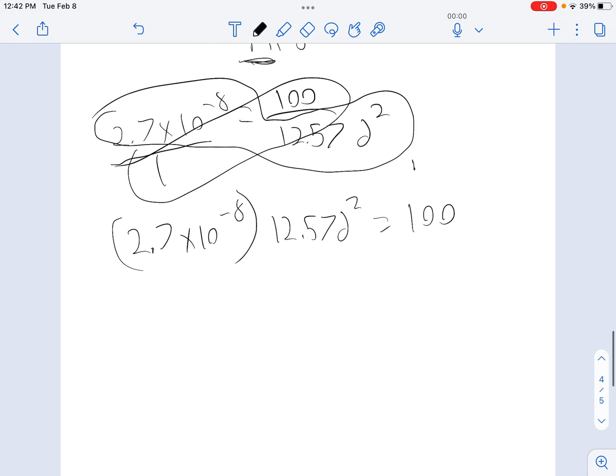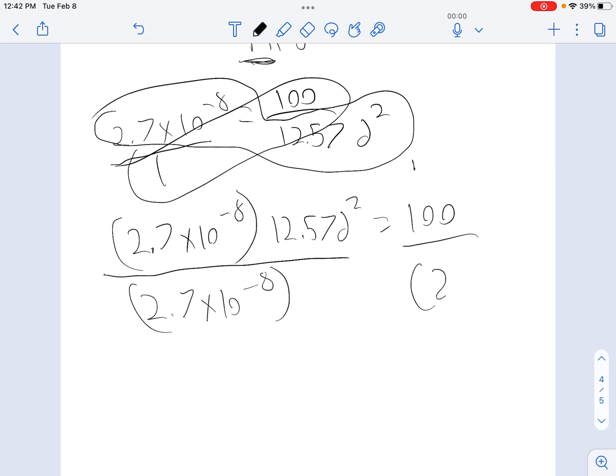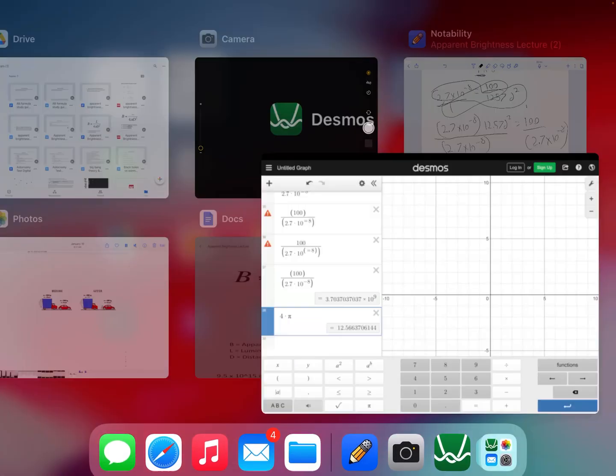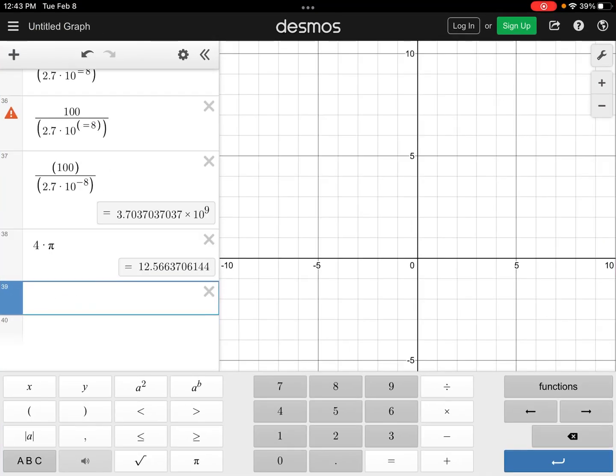All right, from there, we want to get rid of this 2.7 times 10 to the negative 8th, so we have to divide both sides by 2.7 times 10 to the negative 8th. Whatever you do on the left side, you must do on the right side. So we got to do 100 divided by 2.7 times 10 to the negative 8th. So let's go to Desmos.